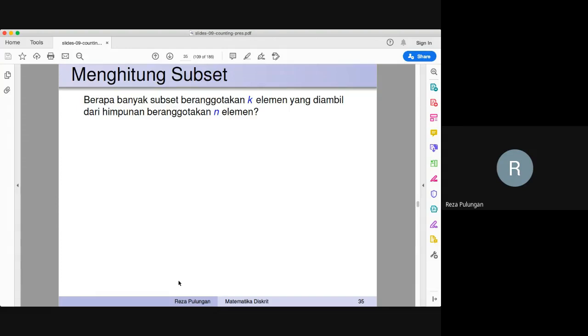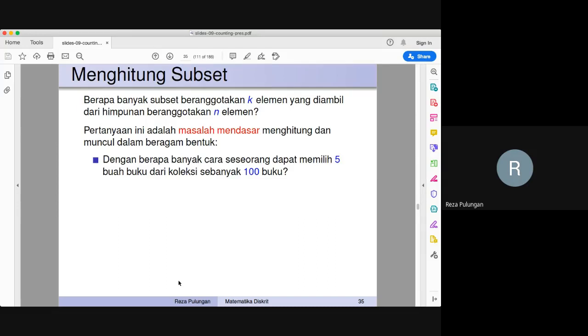Yeah, this is important because there are many uses of this later on in analysis of algorithms. And this question is a fundamental question in counting and appears in many forms.